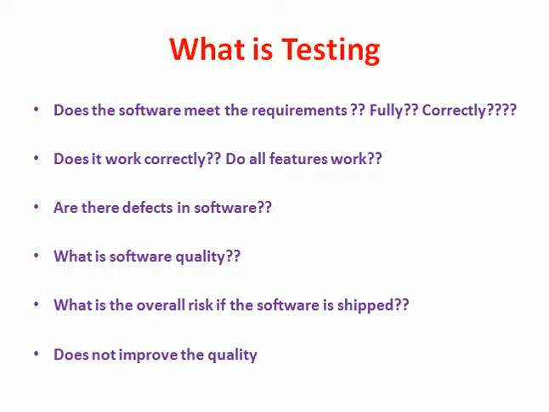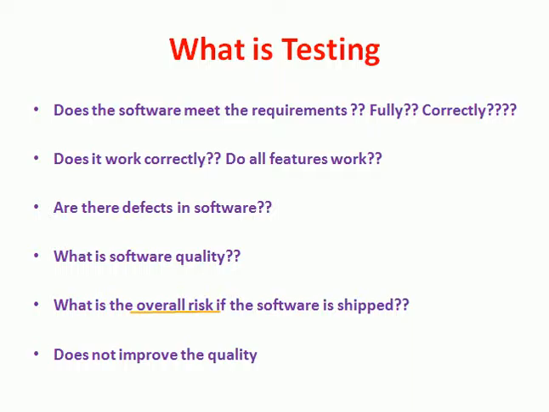Along with the data of software quality, we can also find out what is the overall risk if the software is shipped. So let us say that there are some minor defects in the software, and at that time the question becomes, is it wise to ship the software to the users with those minor defects, or do those defects have to be fixed before the software can be shipped?